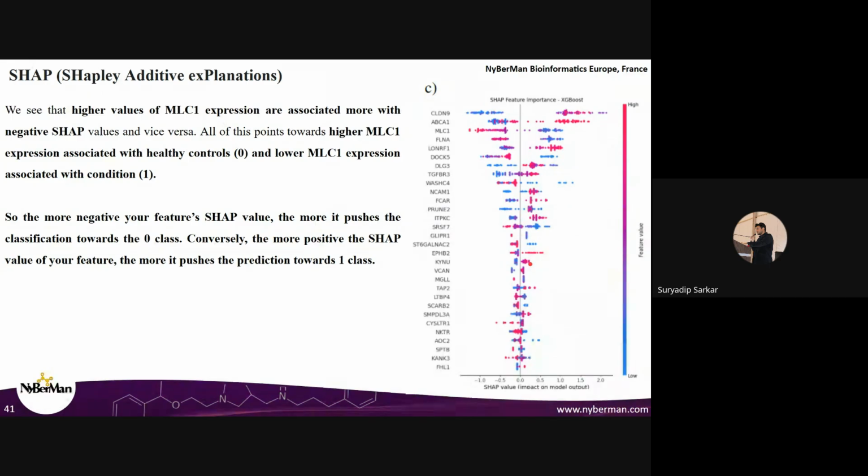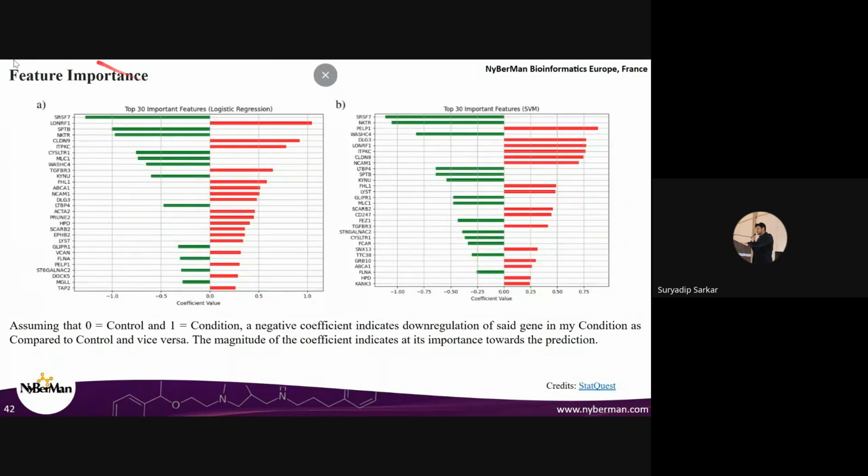Okay, another way of doing this is by using something known as feature importance. Feature importance is not available for all kinds of machine learning models. It is mostly available for those models where weights are directly used. So in case of logistic regression and SVM, feature importance is very easily available.